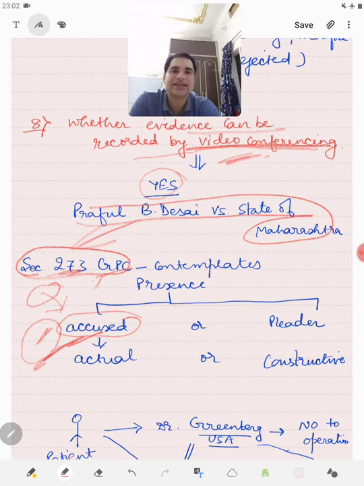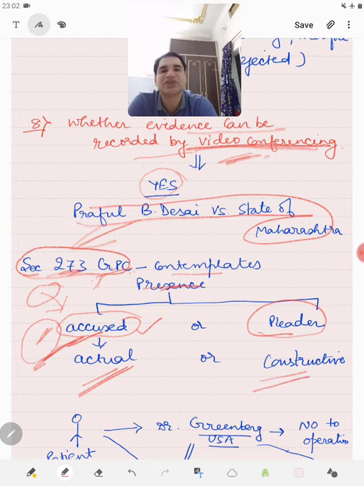The court said that this is because section 273 of the Criminal Procedure Code contemplates two types of presence, that is the presence of the accused in the court or the presence of the pleader of the accused. So it is not that only actual presence is recognized under section 273, but constructive presence is also recognized under section 273. Now through video conferencing, this constructive presence is ensured, and therefore evidence can be recorded by video conferencing.